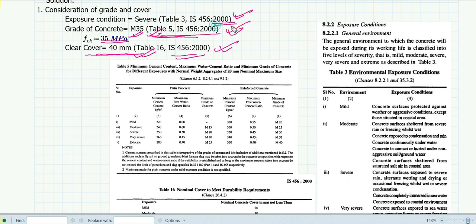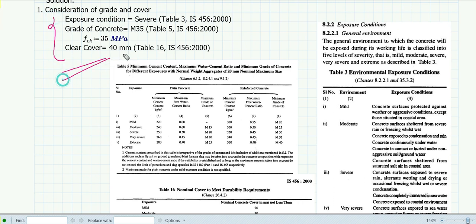So you always have to mention the references while you are designing. Okay, so you have understood this part. So we have considered the exposure condition severe, grade of concrete M35, and clear cover 40 mm, and the respective clauses for this particular consideration.